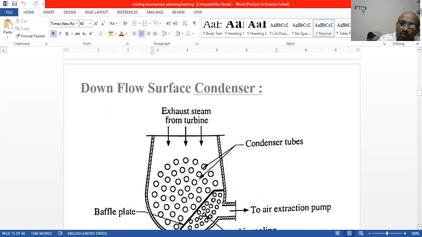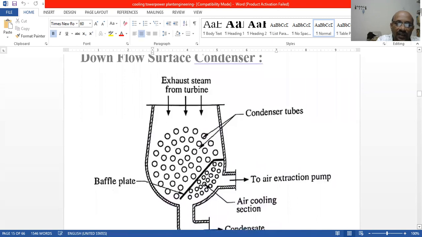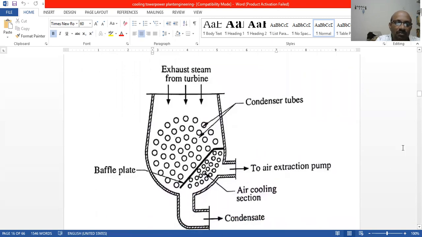Here one more technical term is there: baffle plate. Here is the air cooling system. The baffle plate segregates the exhaust steam from the turbine, and the air is extracted. That is the main advantage.